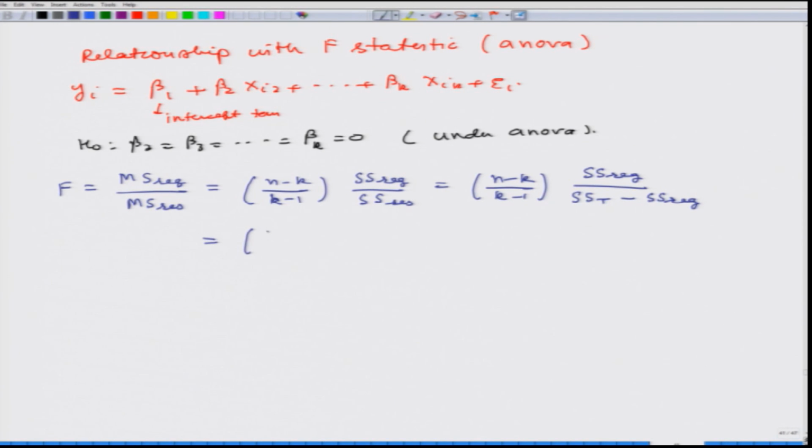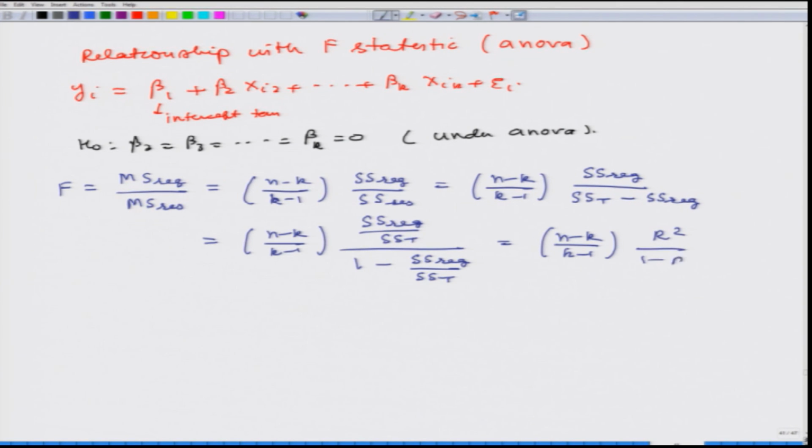So this can be written as n minus k over k minus 1 times SS reg divided by SST, divided by 1 minus SS reg divided by SST. This comes out to be nothing but n minus k over k minus 1 times R square over 1 minus R square.